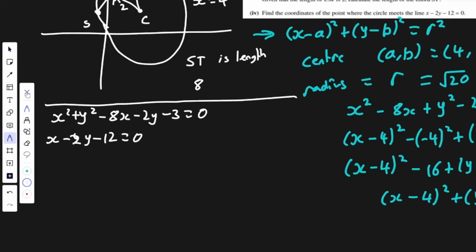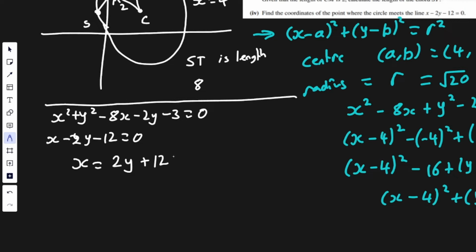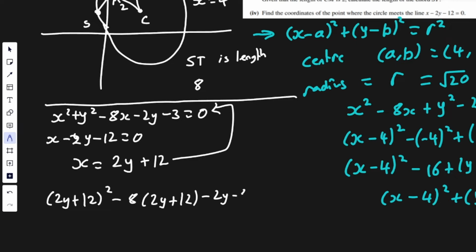So to do this, unless there's a simple trick that we can obviously see, we're going to get x on one side or y on one side, and then try to remove it in the other equation. So I'm going to get x on one side in this equation. I'm then going to replace it into here. And then to finish off, all we're doing is expanding and simplifying everything that we're left with.